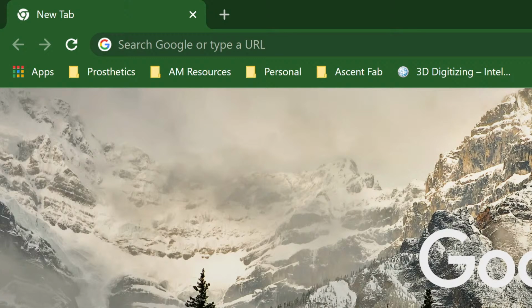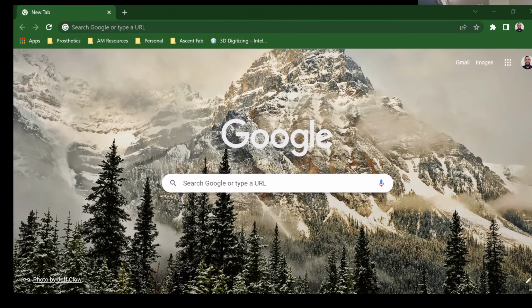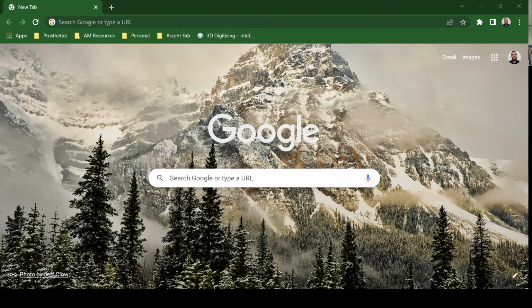Just trying to get the screen up. Window capture. All right, there we go. Pardon me while I'm still getting this set up here.